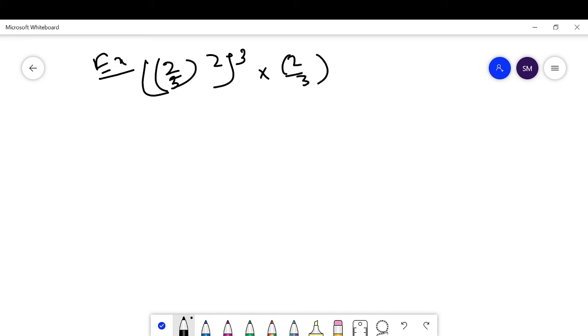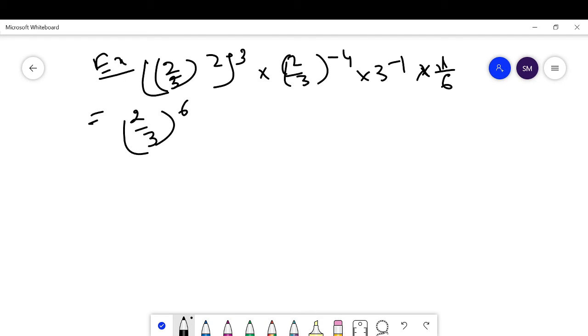While you solve problems of exponents, always recall the properties and use the properties of the exponents. (2/3)^2 whole to the power 3, you know this, here the exponents get multiplied. This is (2/3)^6 and into (2/3)^(-4).